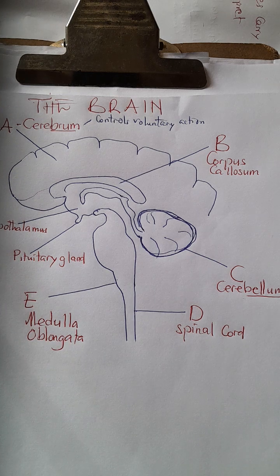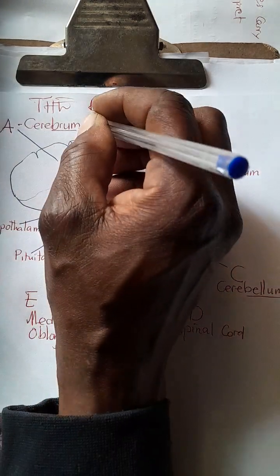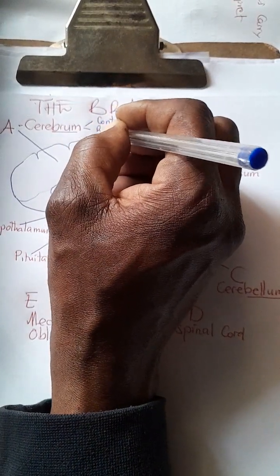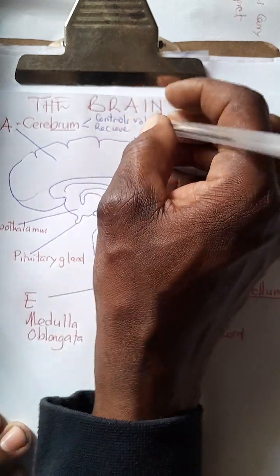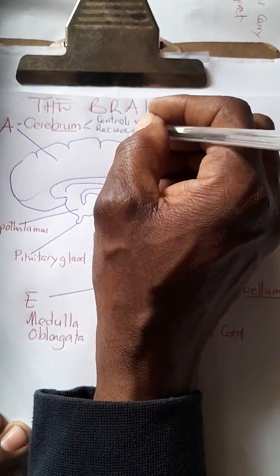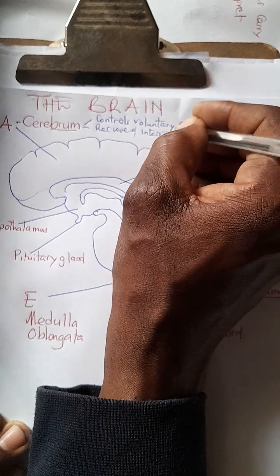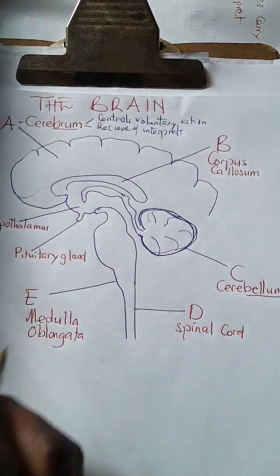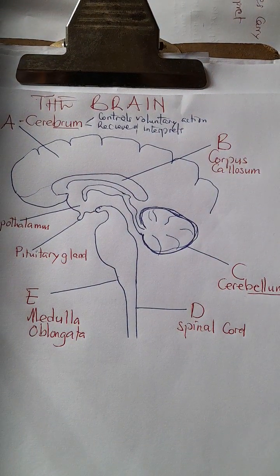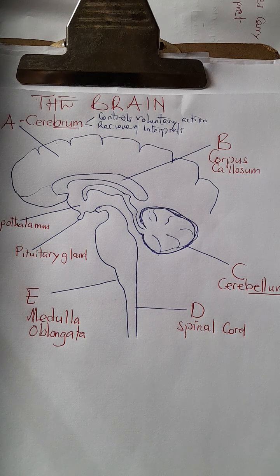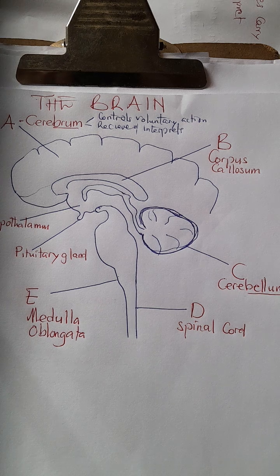2, it also receives and interprets sensations. Not only does it receive, it also interprets. Now, what is to interpret? As you play this video, the sound coming from this video is received by your ears.